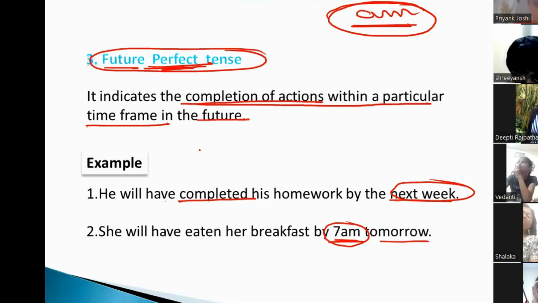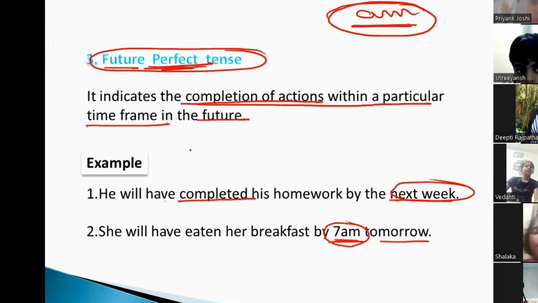Got it? Yes, ma'am. Clear to everybody? Ma'am, can we say he will complete his homework by the next week? It should be either in the simple future tense or in the future perfect tense.